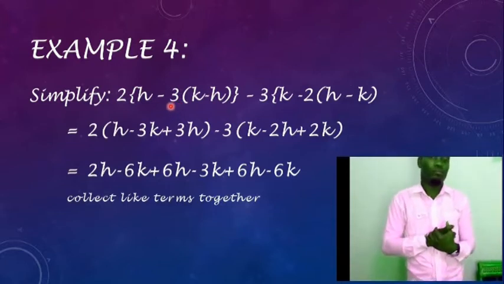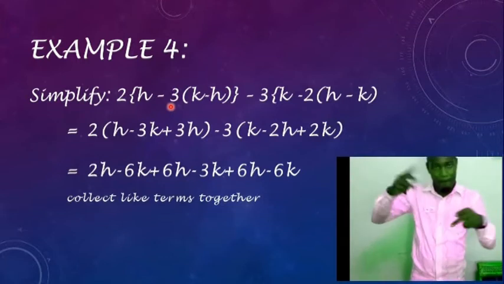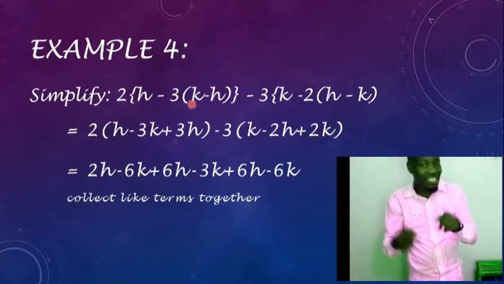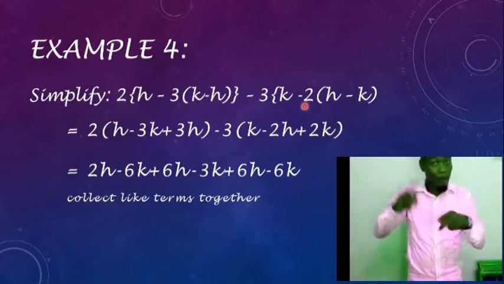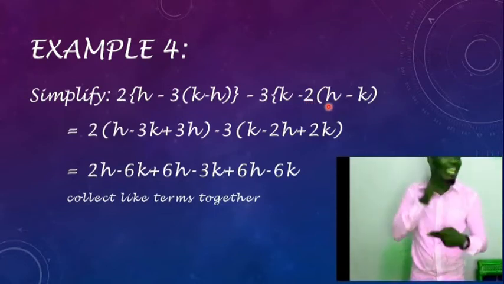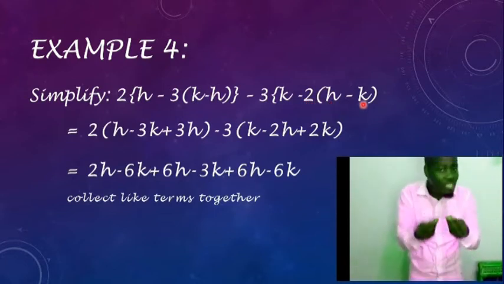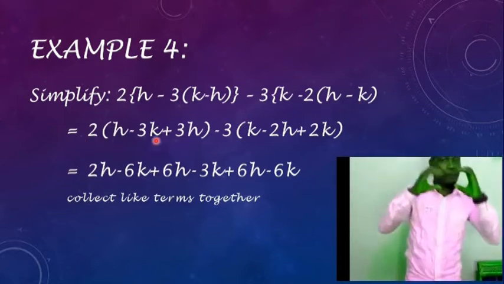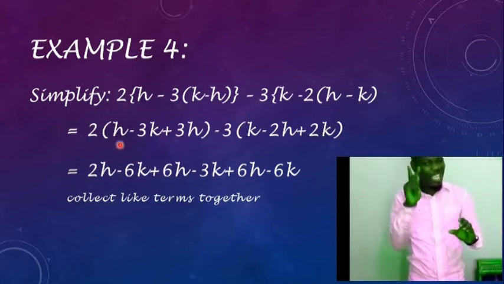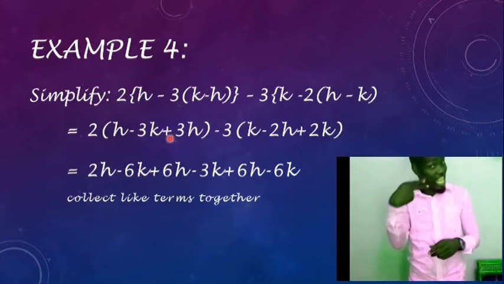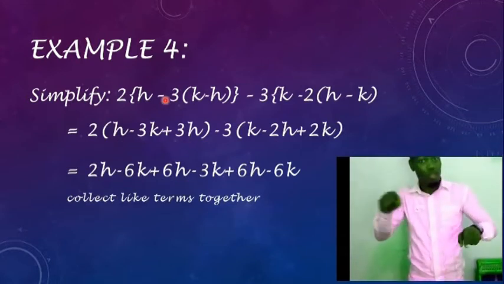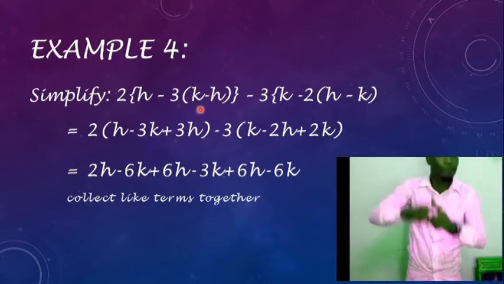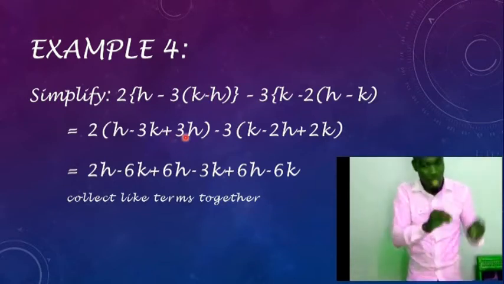So this 3 will be used to multiply this k and h, and this 2 will be used to multiply this h and this k. Remember, minus times minus will give plus, so plus 3h.